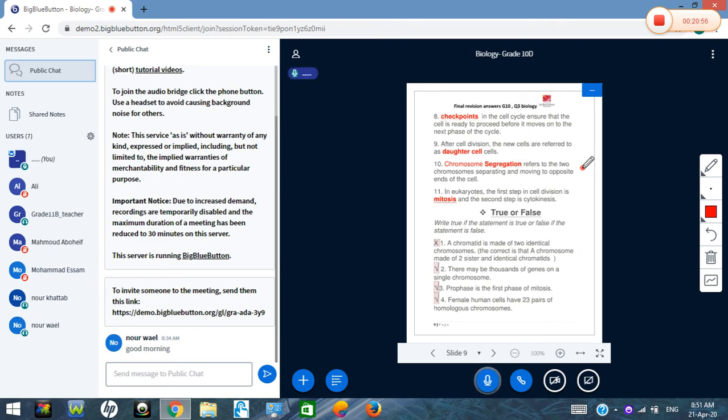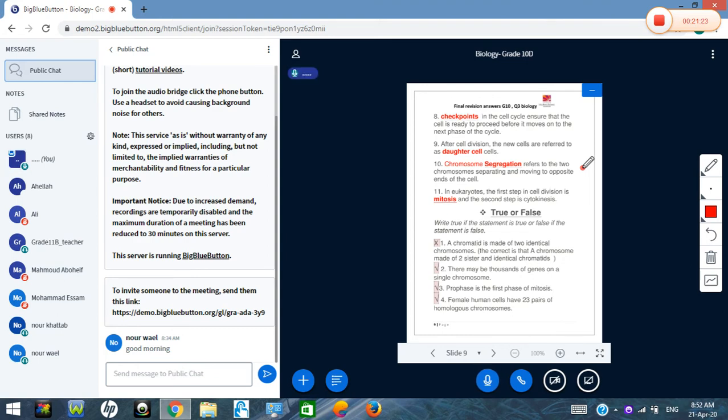What's the meaning of checkpoints? We have G1, we have S, we have G2, and at the end of each phase there is a checkpoint.